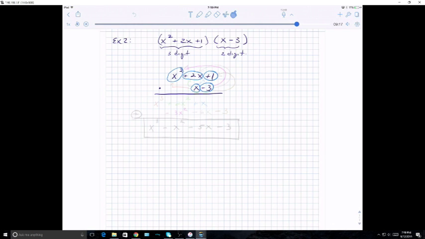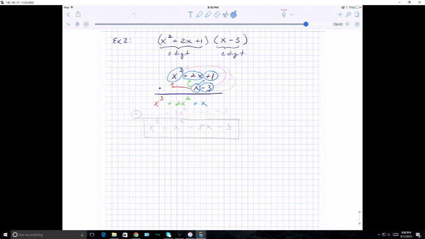So again, I'm going to start backwards, and I'm hoping you see why. But x times x squared is x cubed. And then we have x times a positive 2x, so that would be plus 2x squared. And then we have x times 1, or plus x.